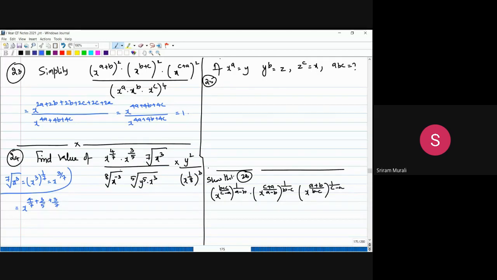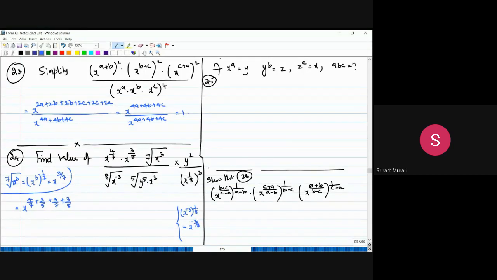Do you have any more x? This is power minus 3 by 8. If it comes to numerator, this is plus 3 by 8, because this is x power minus 3, the whole power 1 by 8. This is equal to x power minus 3 by 8.